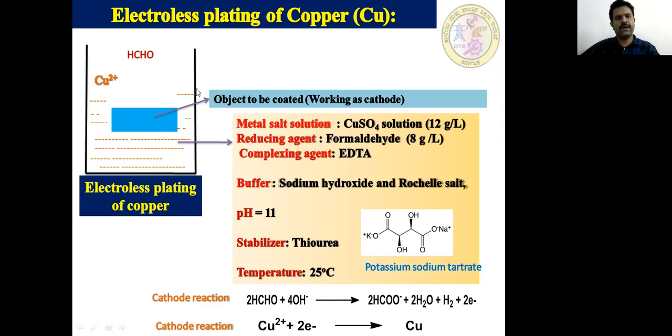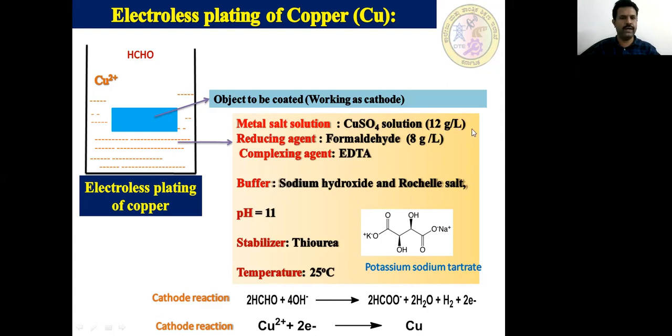The electroless plating bath consists of the metal salt solution. Here we are going to plate copper, so we need copper ions in solution. A suitable salt is copper sulfate. Its approximate concentration is 12 grams per liter.